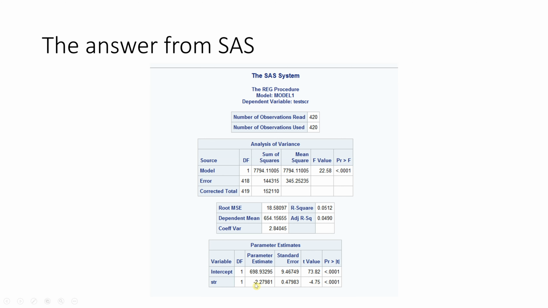That means test scores go up, right? Negative 2.28 times -1 is a positive 2.28. For every increase in class size of 1 unit, test scores go down. If we reduce class size, test scores are improving.